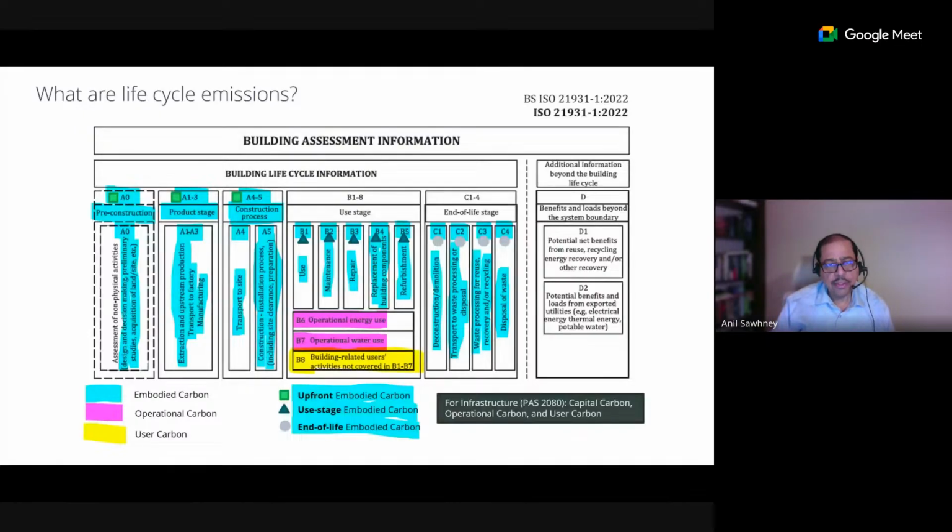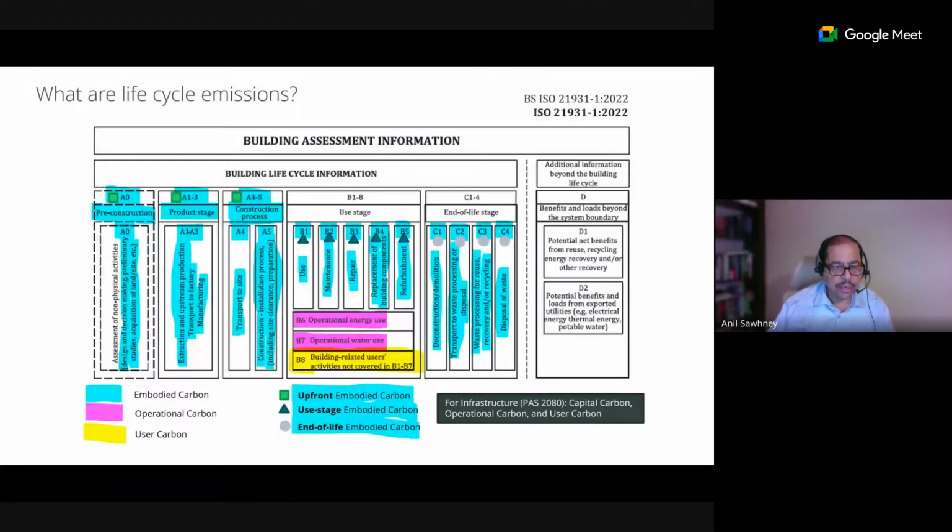Module C is end of life stage. Okay, that is when you repurpose, demolish, or do something else with the asset. That's module C. It has C1, C2, C3, C4. Module D is beyond the system boundary. It is benefits and loads beyond the system boundary.